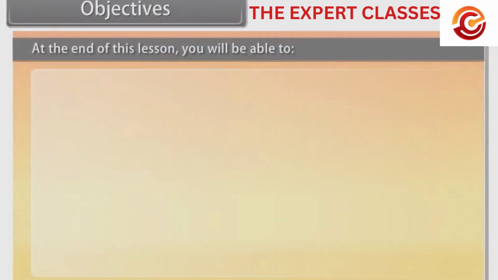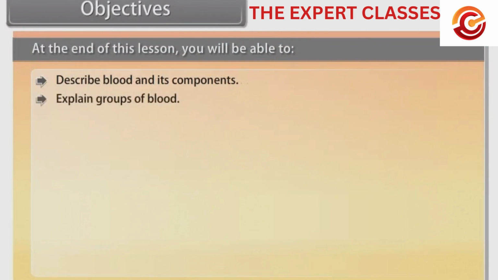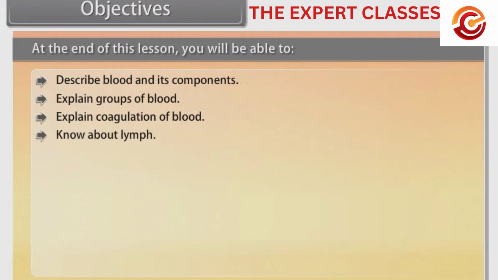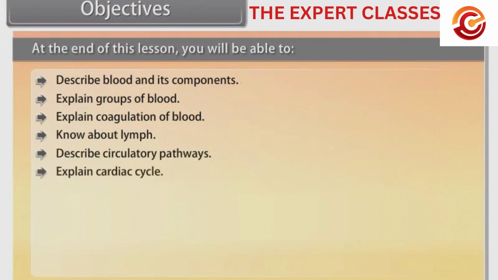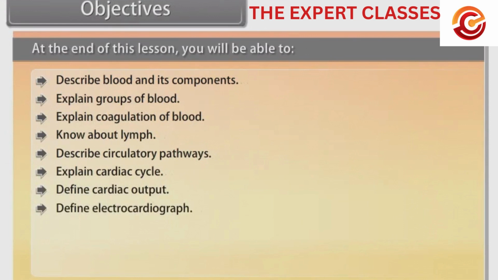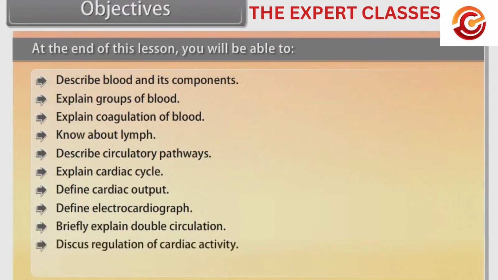At the end of this lesson, you will be able to describe blood and its components, explain groups of blood, explain coagulation of blood, know about lymph, describe circulatory pathways, explain cardiac cycle, define cardiac output, define electrocardiograph, briefly explain double circulation, discuss regulation of cardiac activity, discuss disorders of circulatory system.